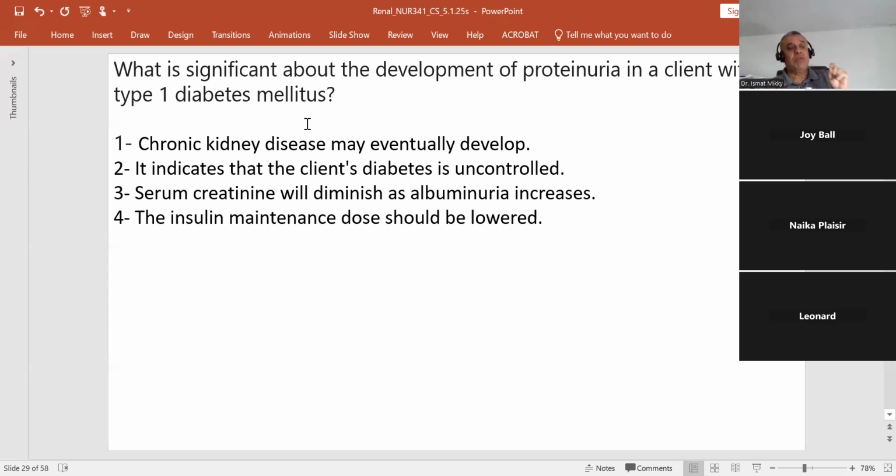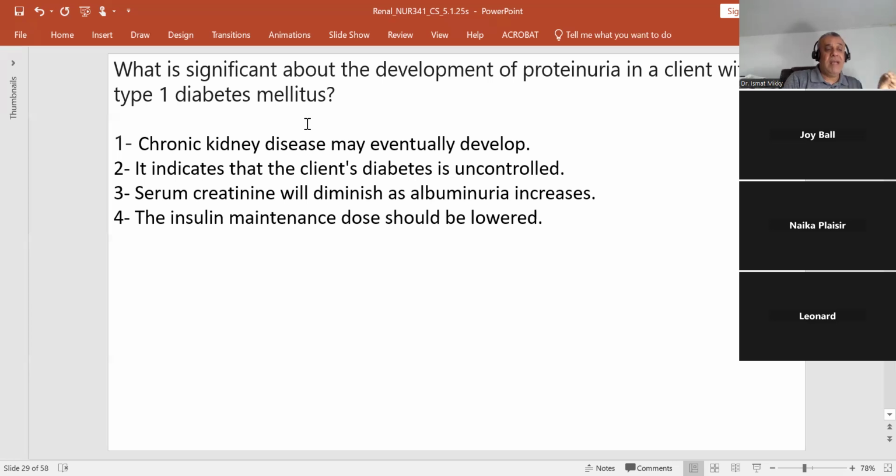But proteinuria is more than that. I think it's more significant than just diabetes being uncontrolled. It has significant ramifications on the patient's disease process. Something really detrimental to the organs, which in this case is the kidneys.